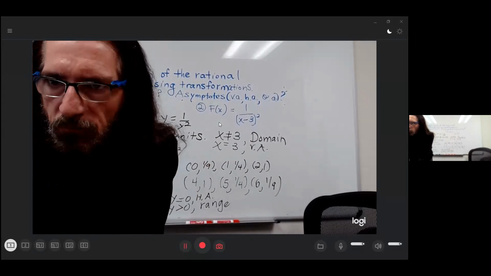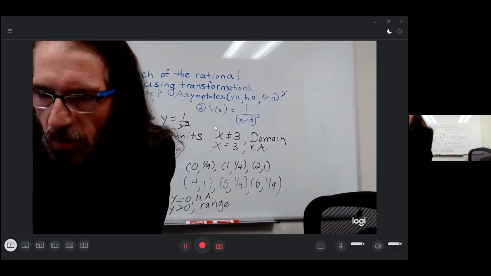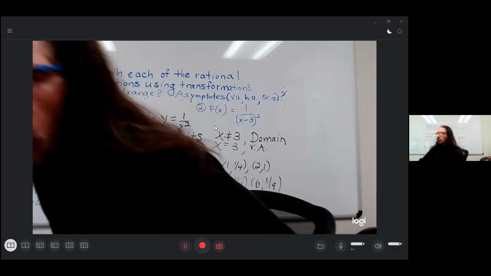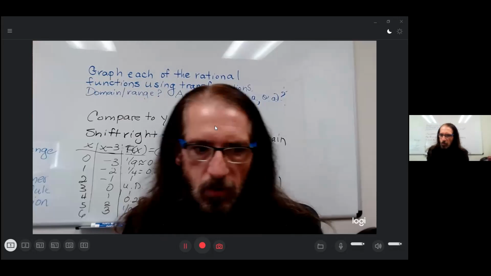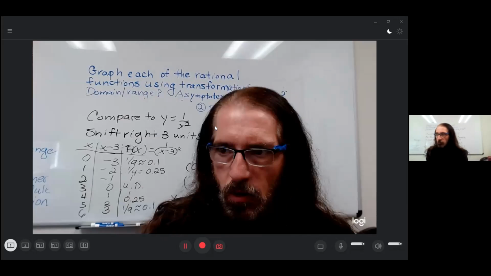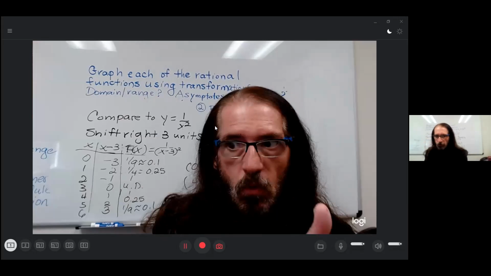You're never going to have both horizontal and oblique at the same time. You have to have the numerator's degree greater than the denominator's degree to get an oblique asymptote.